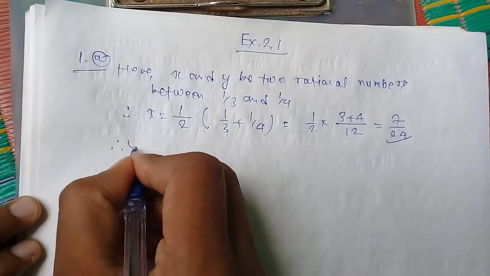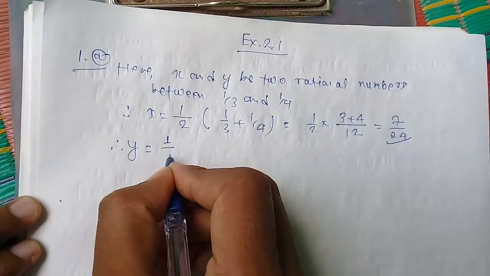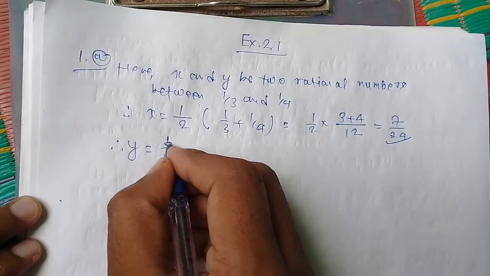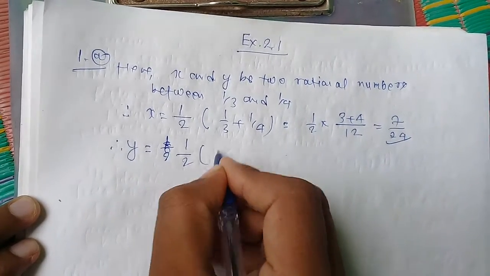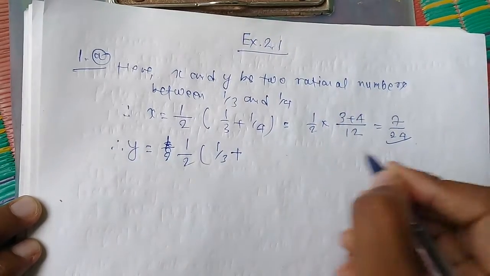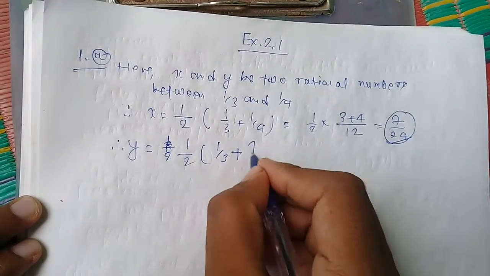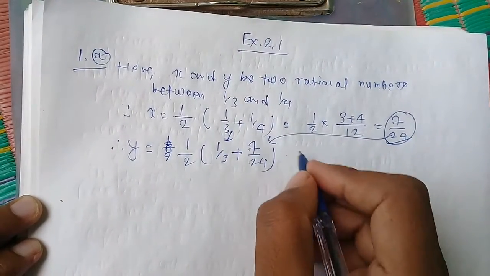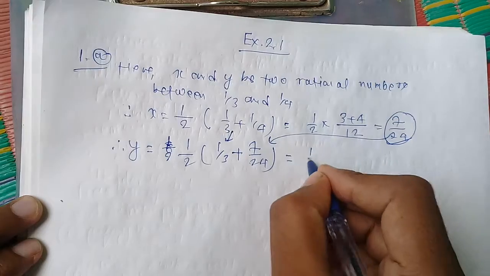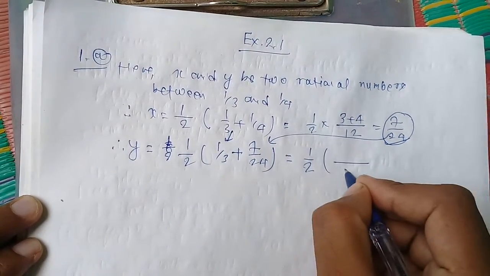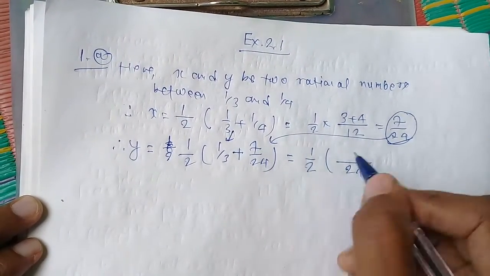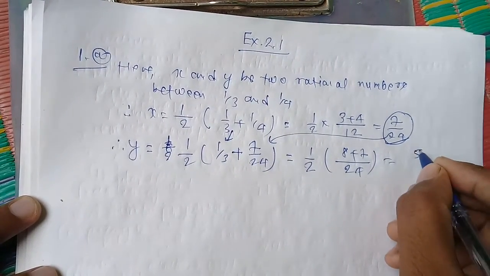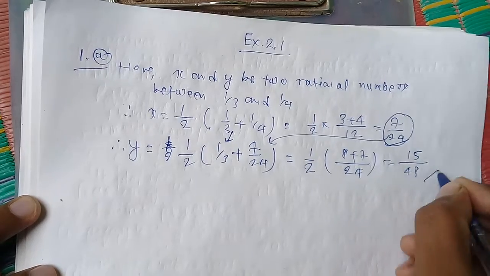Therefore y is equal to half times 1 by 3 plus 7 by 24, so half into (8 plus 7) by 24, that will be 15 divided by 48.